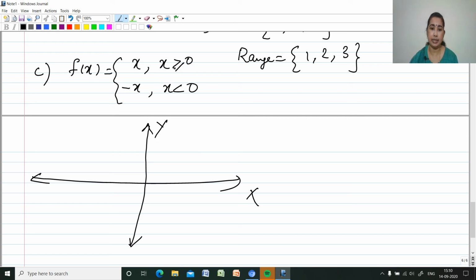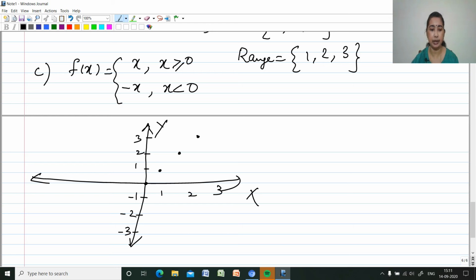Then x greater than or equal to 0 means when x equal to 0, y equal to 0, x equal to 1, y equal to 1. This is 1, this side is 2, 3. Then downwards minus 1, minus 2, minus 3. X equal to 1, y equal to 1, x equal to 2, y equal to 2, x equal to 3, y equal to 3. Here 1, 2, 3.